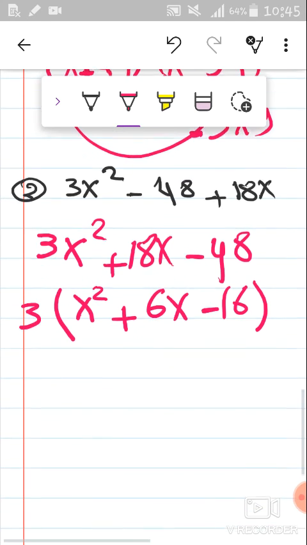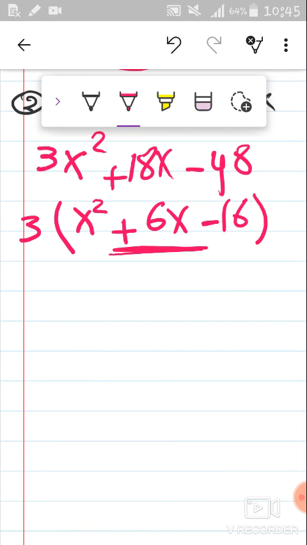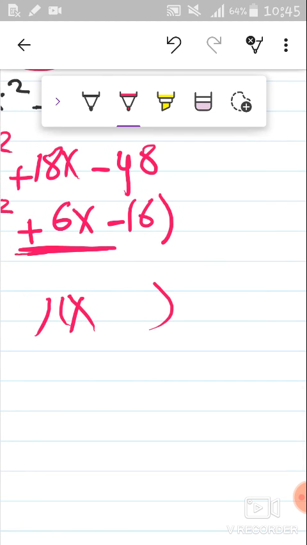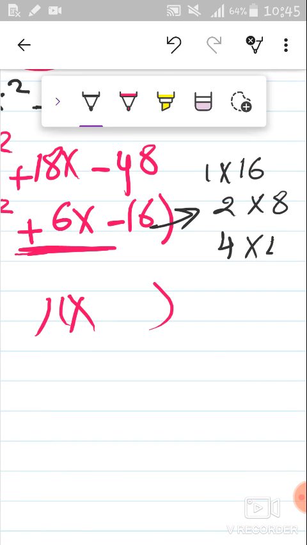Now we can factorize this trinomial. x squared is coming from x times x. 16 is coming from the product of 1 times 16, 2 times 8, and 4 times 4.